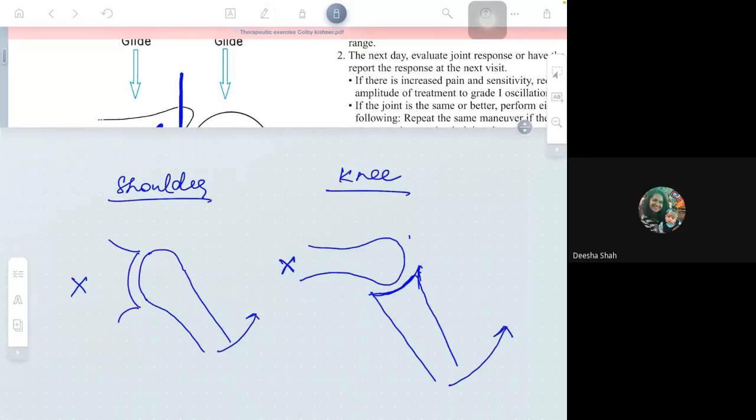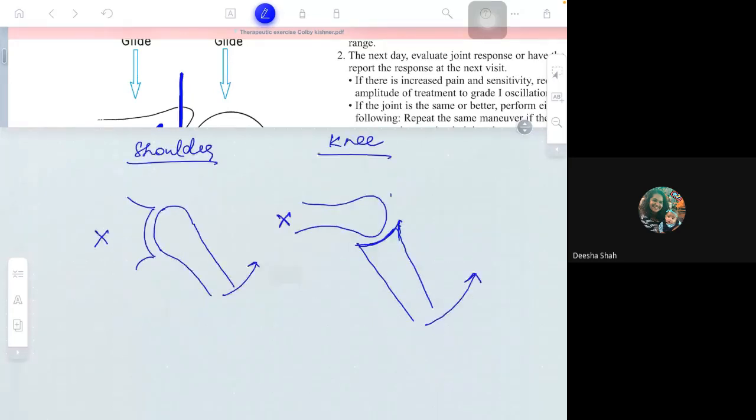Okay. So now in both diagrams, I am going to draw the treatment plane. What is the treatment plane? First you draw one line and then you draw another line perpendicular to this line. So this red color line is called the treatment plane. Now here in this diagram, how will we draw the treatment plane?